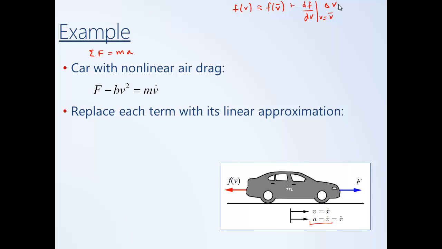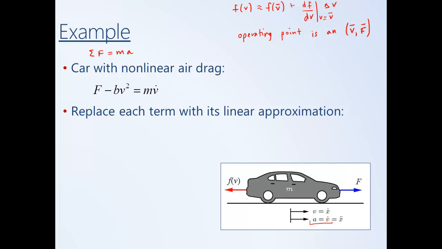So in this case, the operating point, or the point that you're performing the linearization about, needs to be an equilibrium point, v bar, f bar. So it's a velocity and a force that put the system in equilibrium.